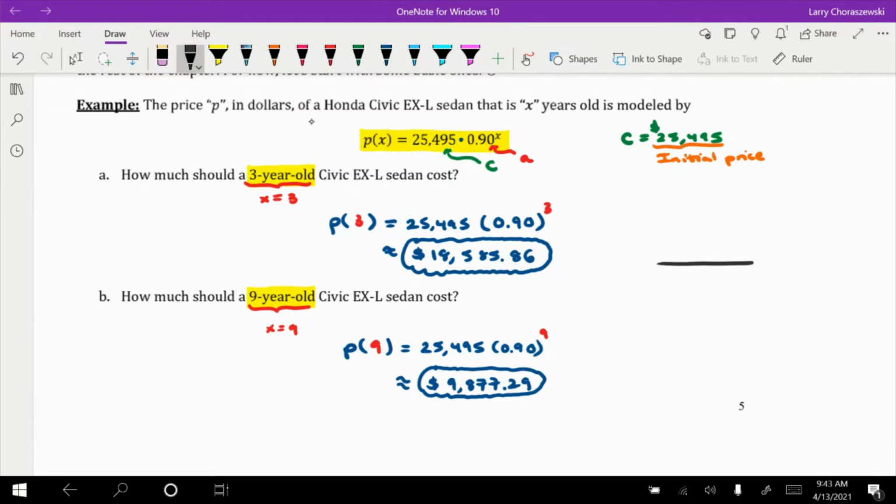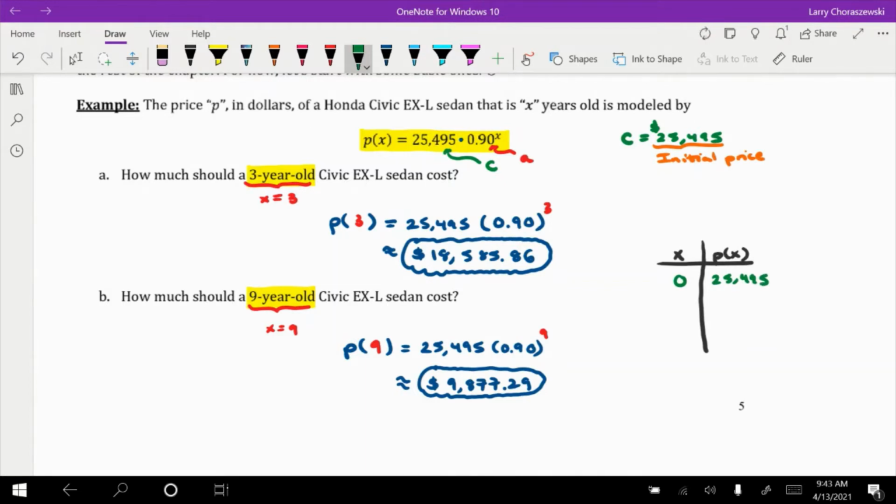So to give you an idea of how that works numerically, I'm going to make a little table here, and I'll have x for the first column, P of x for the second column. And we'll start with an x value of 0. So when no time, or when no years go by, this would correspond to the initial price of 25,495.